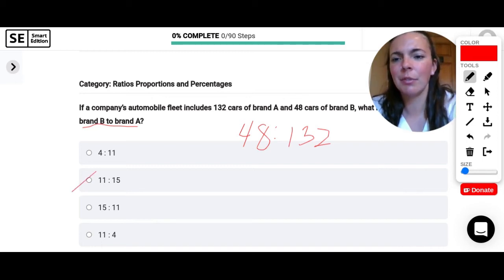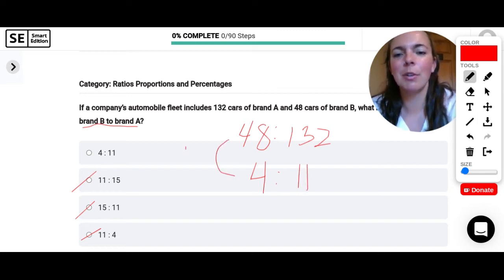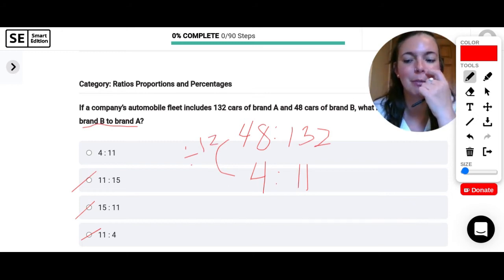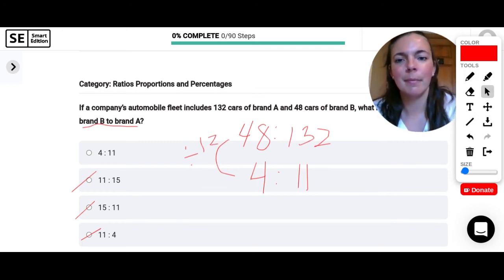I don't think that 11 or 15 go into 48. So I'm going to divide each of these by 12. 48 divided by 12 is 4. 132 divided by 12 is 11. Nice, a little process of elimination there. All we did was divide each of these by 12 to find an equivalent ratio. So 4 to 11.